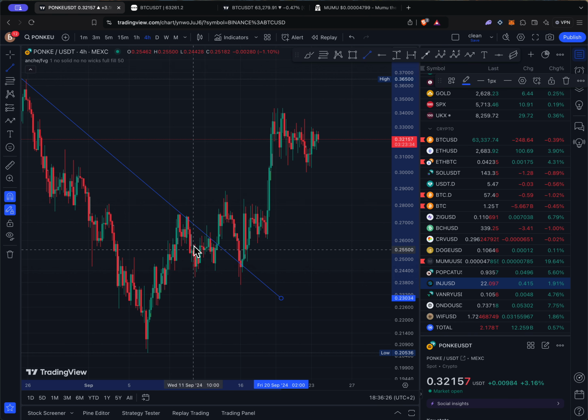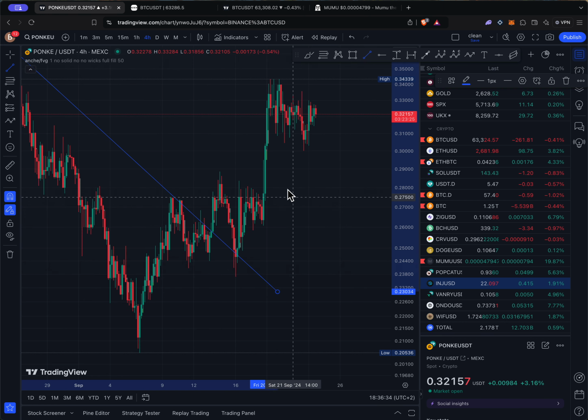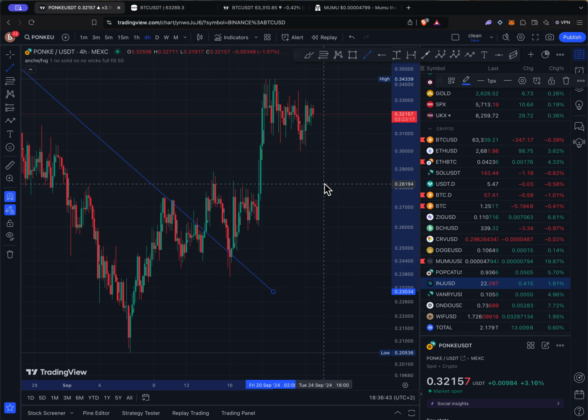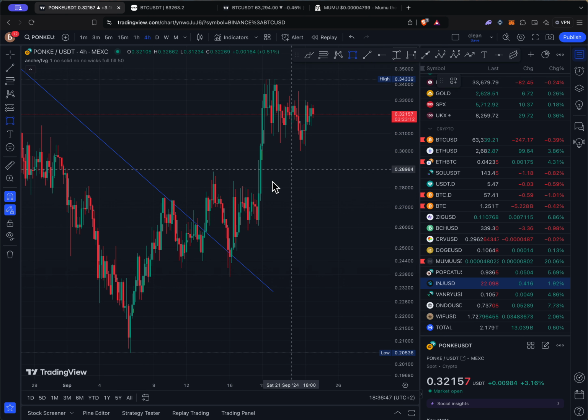Triangle, rejecting, breakout, retest, long it. So now we have all this fair value gap in here on the 4 hour, and this, I guess, till here is on the daily. So if you try to get into Ponke, I would look at this zone here.